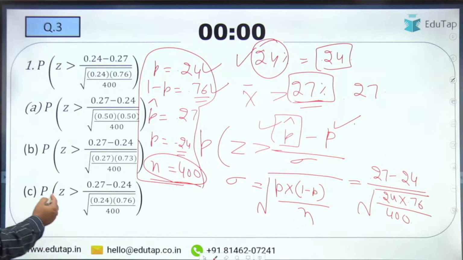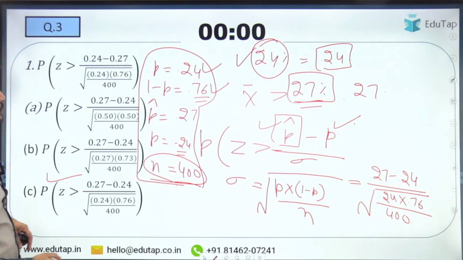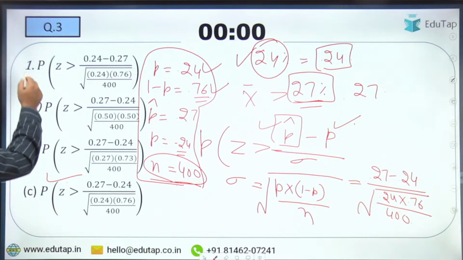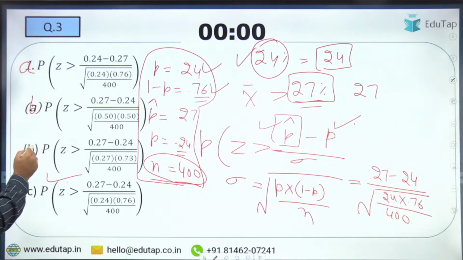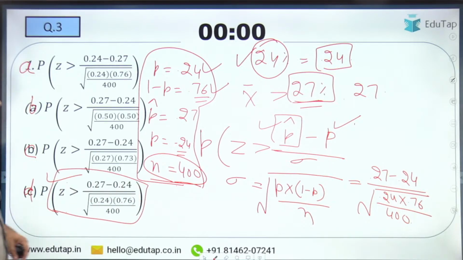This should be your answer. Among A, B, C and D, D is your answer.